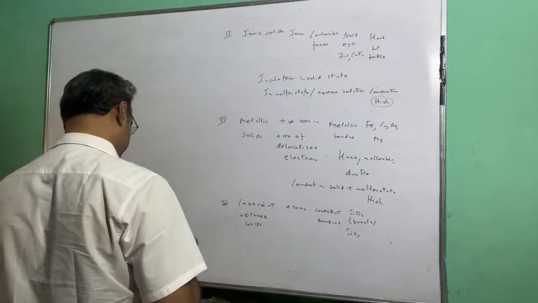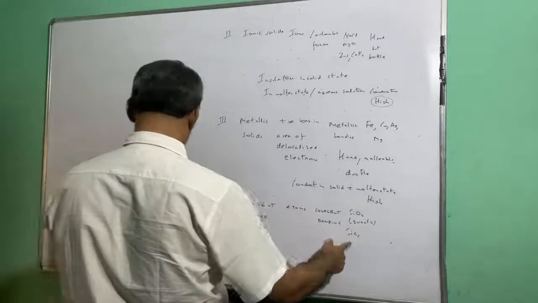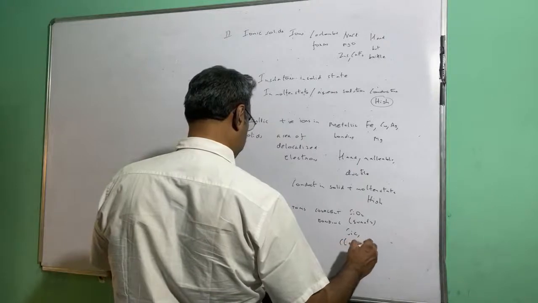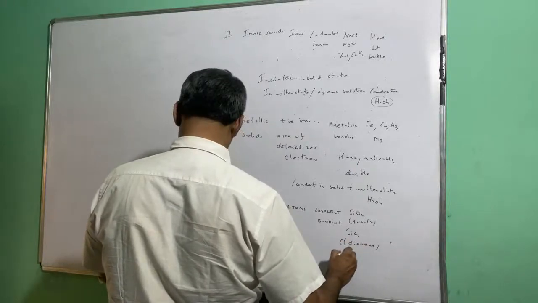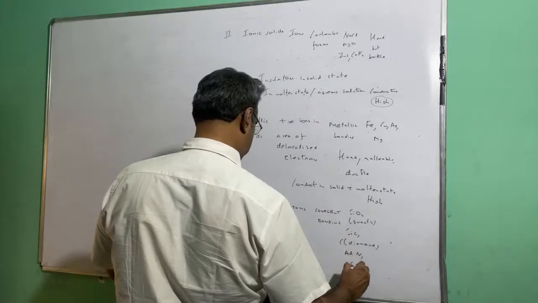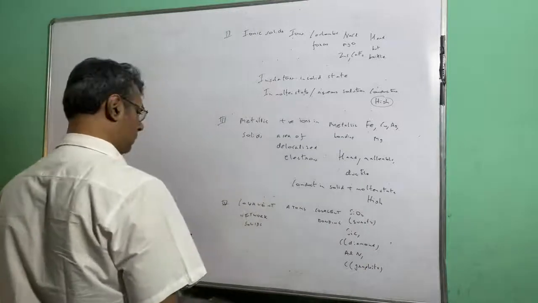Another example is silicon carbide, SiC. Then you have carbon in the shape of diamond, aluminium nitride, and carbon in the shape of graphite. So these are the examples.